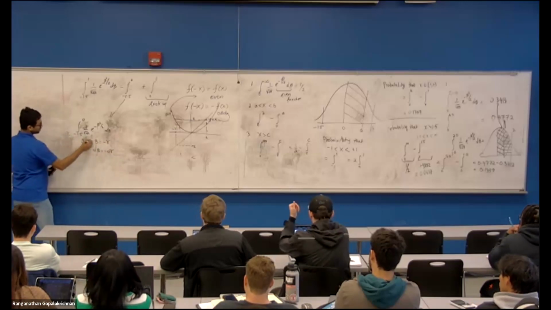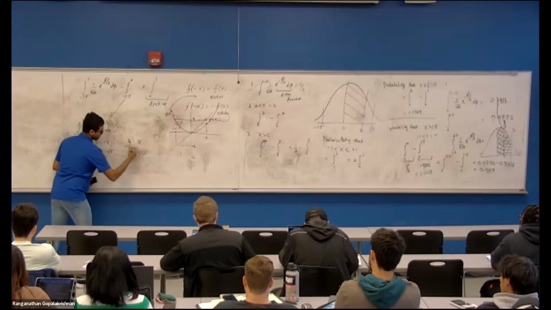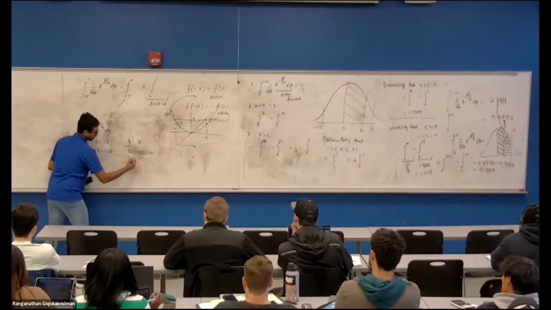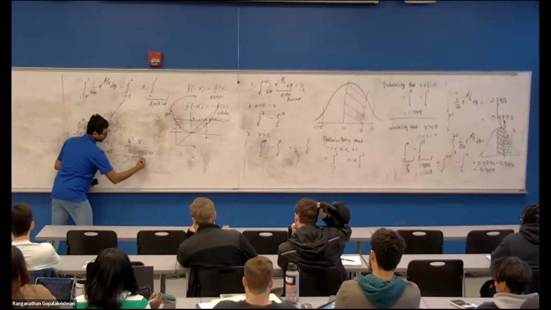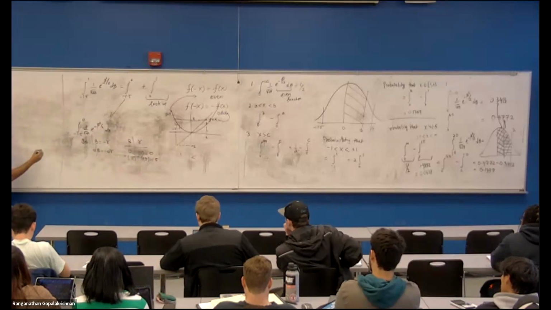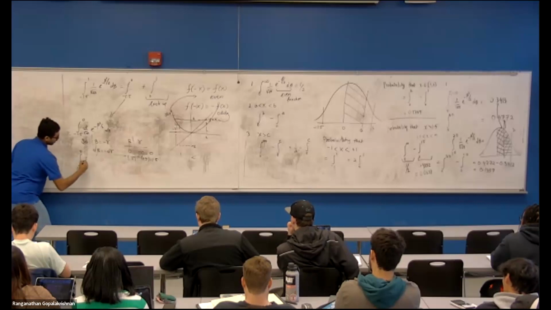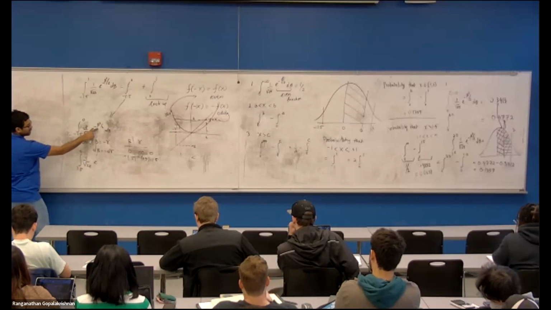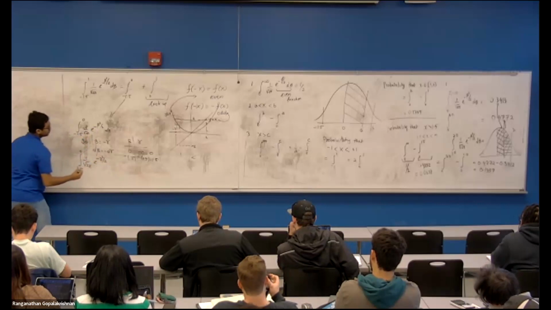So if beta is 0, what is gamma? Also 0. And then minus 1.5 becomes minus of minus 1.5, which is 1.5. So I have the integral from 1.5 to 0, 1 over square root of 2 pi, exponent of minus gamma whole squared, which is again gamma squared divided by 2.